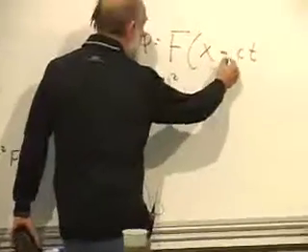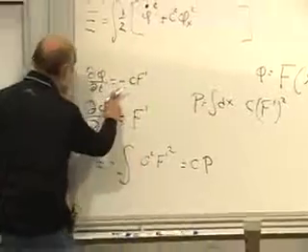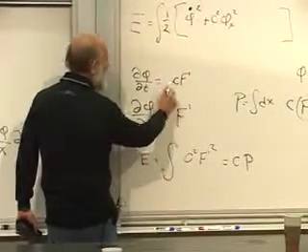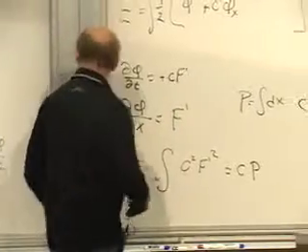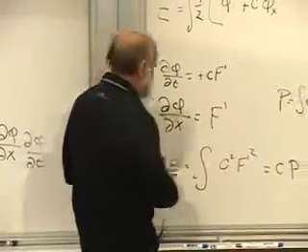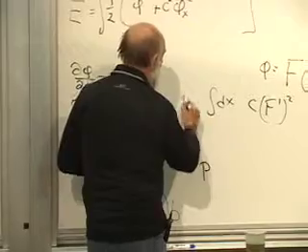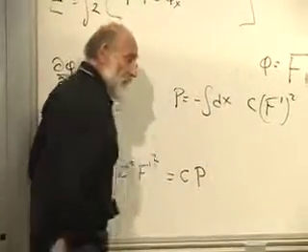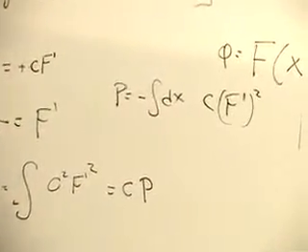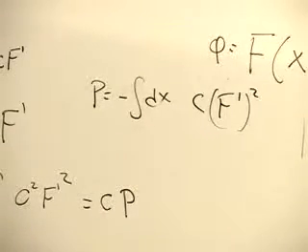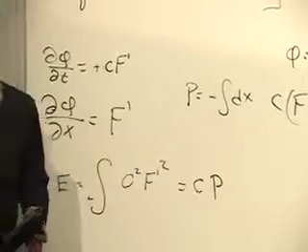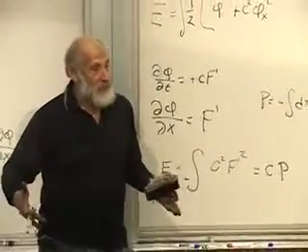That changes the sign of this one, makes it plus, and changes the sign of the momentum, since the momentum has a natural minus sign in it. P in that case becomes minus this. So for a wave moving to the left, the momentum is exactly the same, except that it's exactly opposite in sign.